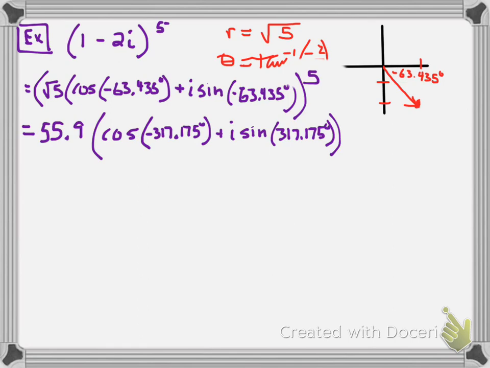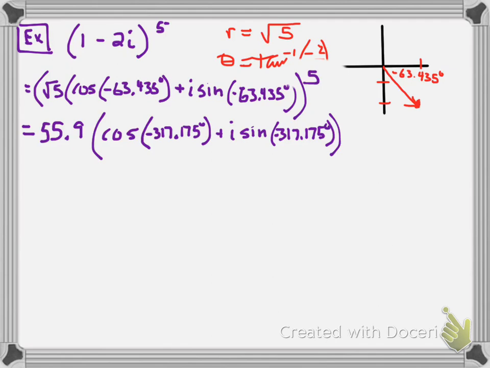Thank you. Forgot the negative. That makes a big difference, right? It may not actually, because 317 degrees and negative 317 degrees are both in the first quadrant, but you still need to be careful with it.